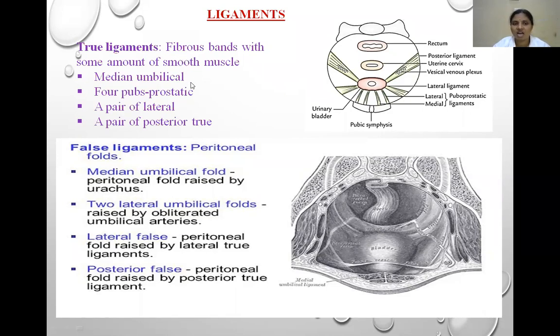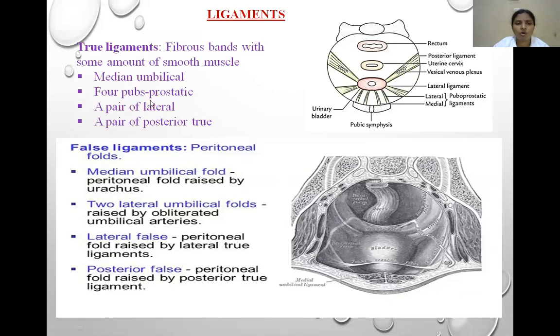One is the median umbilical. Except this median umbilical ligament, the rest are condensations of the pelvic fascia. But this median umbilical ligament is developmental, because it represents the remnant of the urachus. Okay, so the median umbilical ligament extends from the apex to the umbilicus.